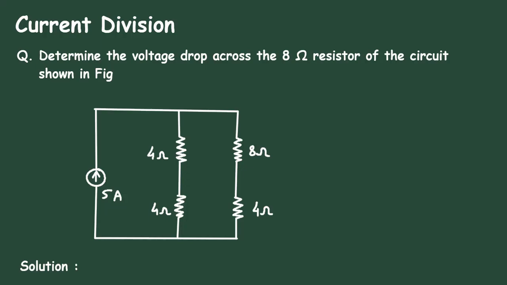Here we can use the current division rule. By using the current division rule, I1 is equal to this current, that is 40 ampere, multiplied by the opposite branch resistance. The opposite branch resistance to this is 20 ohm.